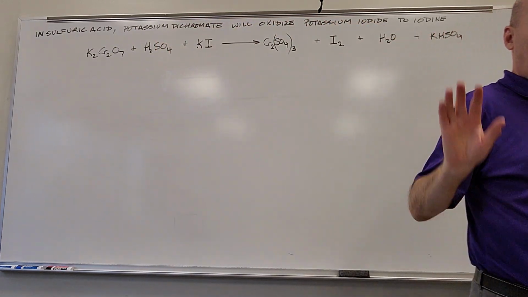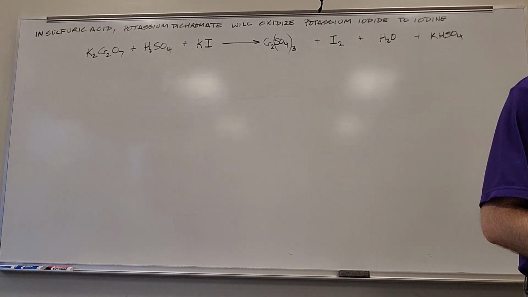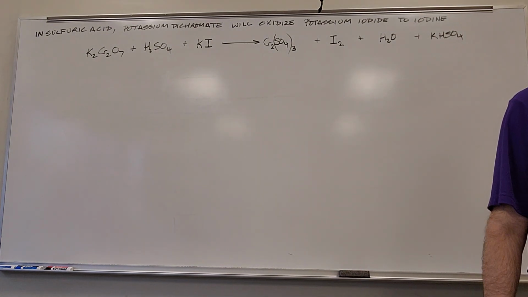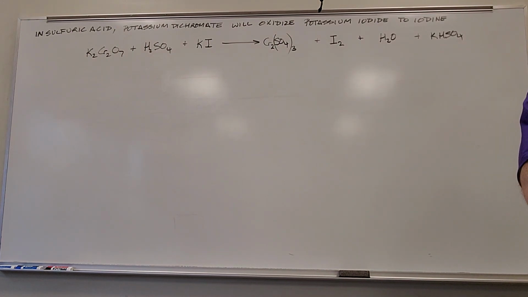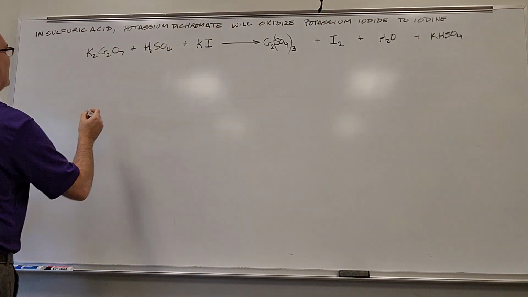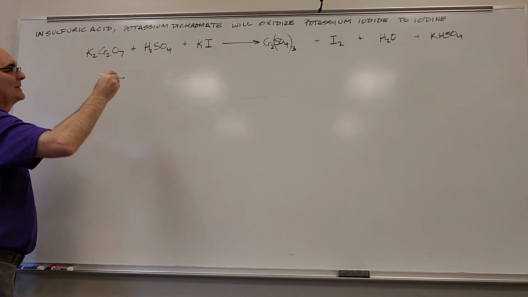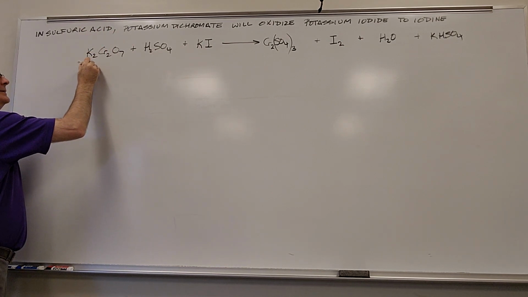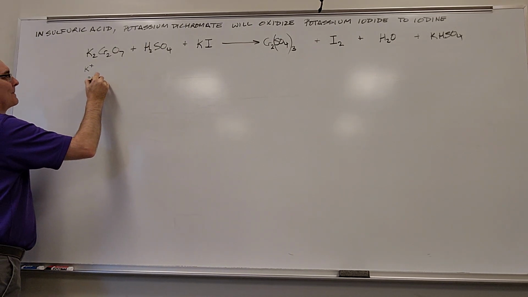Okay, so that's not balanced. Not balanced in any way. Do you want to try and balance it? No. Let's not. The potassiums, they're strong electrolytes, they're just going to float.